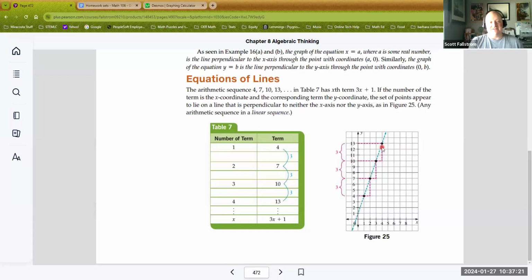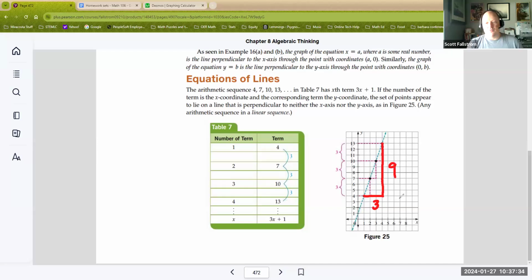Now, of course, that means it's a ratio. And since it's a ratio, we could go bigger than that. We could start here and go over 2, 3. We could go over 3 units here. But if we do, then we have to go up in the same ratio. And notice 9 is to 3 as 3 is to 1. This is a proportion back from chapter 6, I think 6.4.